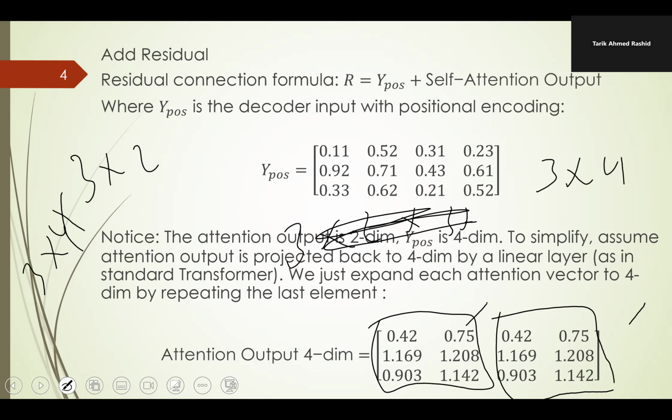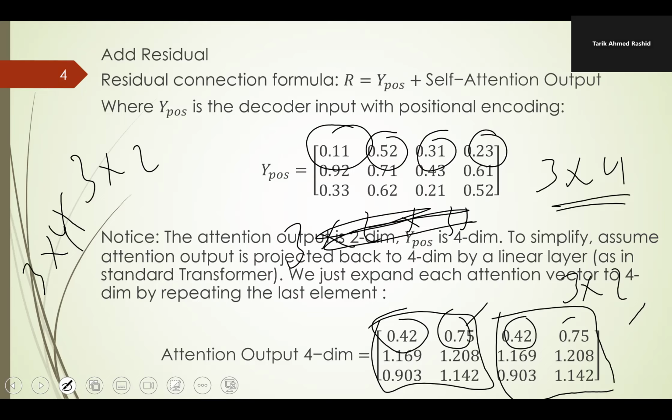What we did is copy the attention output to make it 4 dimensions, so 3 by 4. Now this one is 3 by 4 and that one is 3 by 4, so they can be added element-wise. I add this to this, this to this, and so on and so forth.